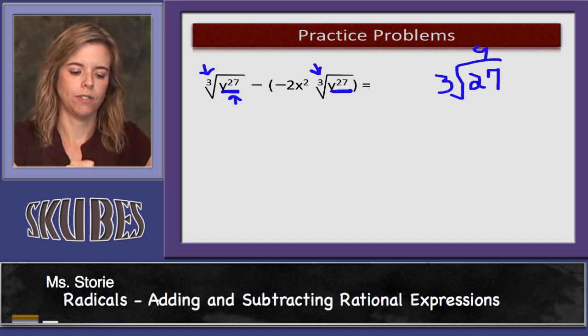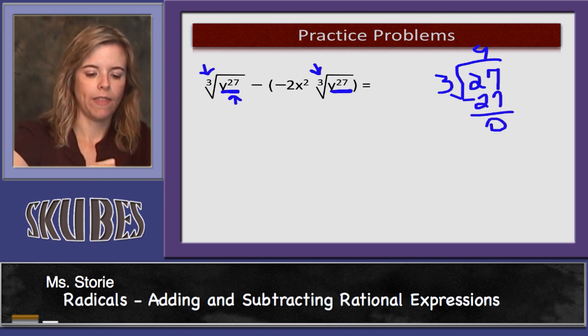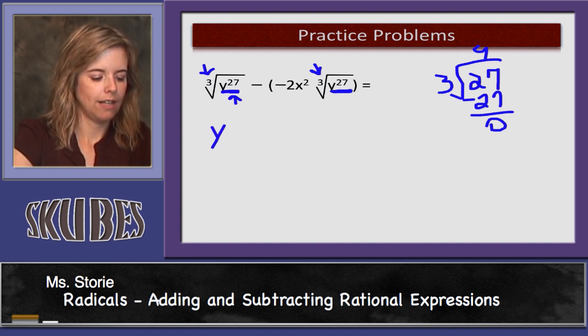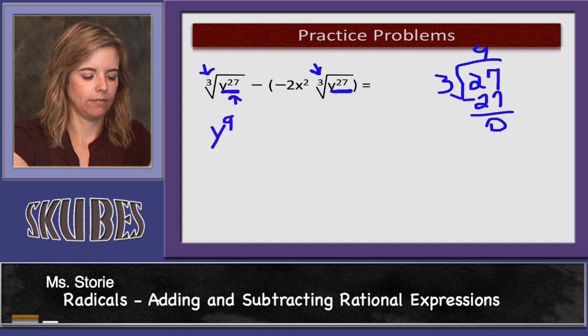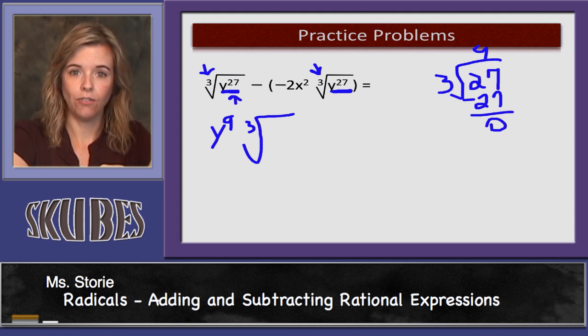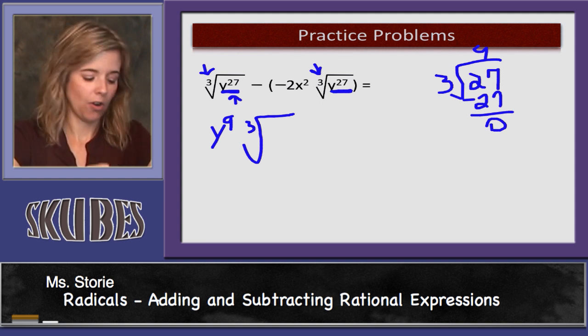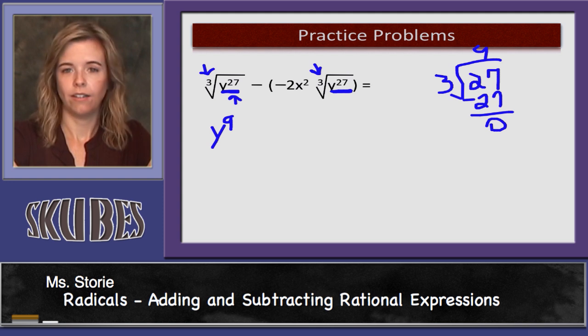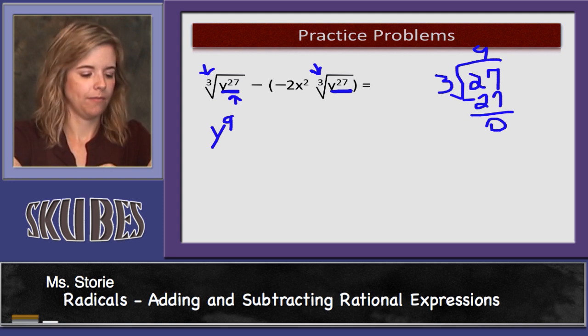Turns out 9 groups, because 9 times 3 is 27, and you don't have any leftovers. So what that means is we get to take out 9 groups of y. There's the cube root, and there's nothing left over, so that means if there's nothing left over, we actually don't even need to write the square root sign or the cube root sign.